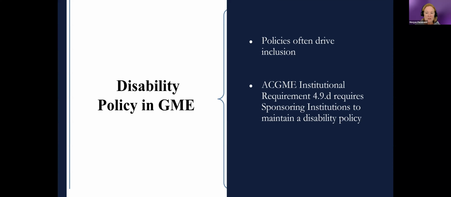While the ACGME Institutional Requirement 49D requires sponsoring institutions to maintain a disability policy, many institutions continue to struggle with developing policies that are not only compliant, but practical, transparent, and meaningful in real educational settings. The Disability Policy Toolkit was created in direct response to institutional requests for clearer guidance on how to build, review, and operationalize disability-related policies.